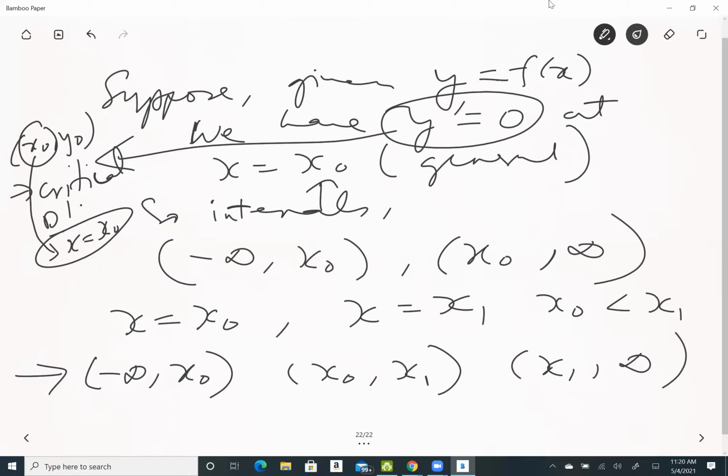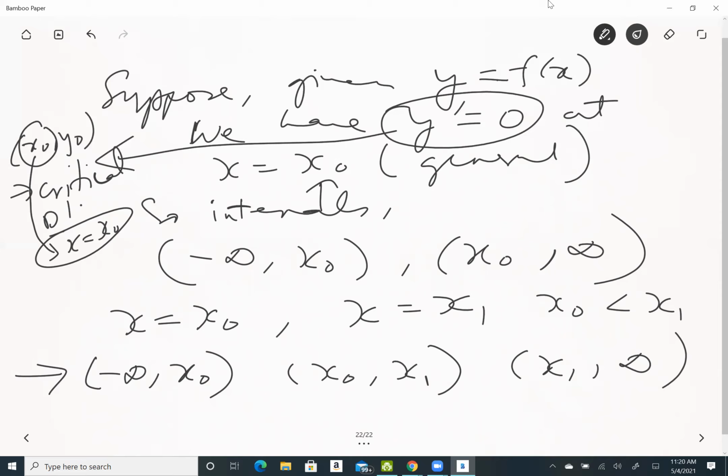So if there are 3 critical points, there will be 4 intervals. If there are 5 critical points, there will be 6 intervals. So the number of intervals is just one more than the number of critical points. So that is the signs of the y prime.